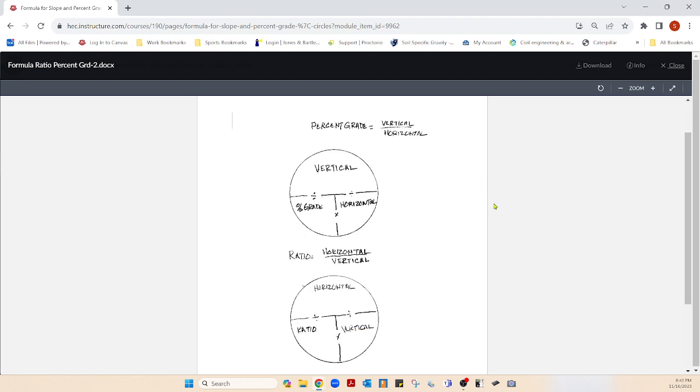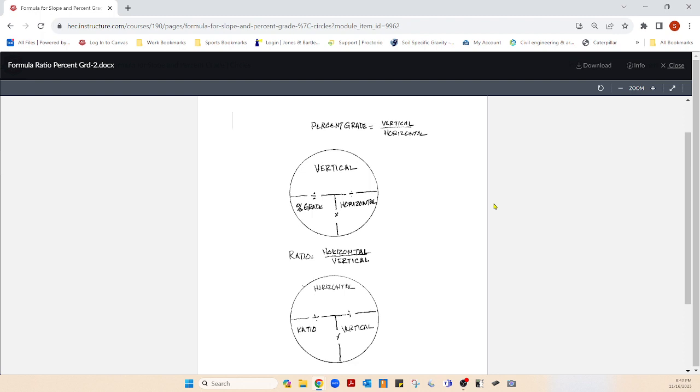This is essential all through your work. This is the way to manipulate the formulas for percent grade, which is vertical divided by horizontal, and slope ratio, which is the invert, horizontal divided by vertical.